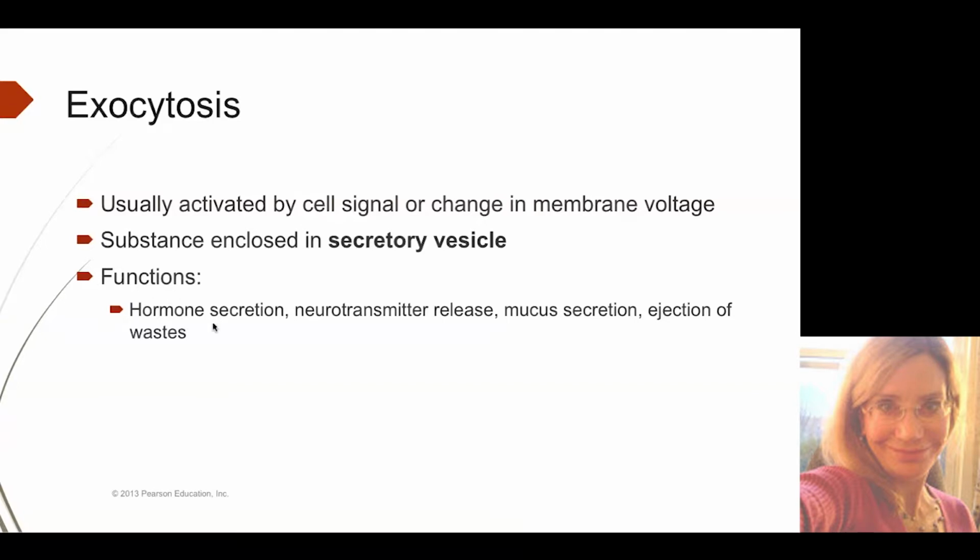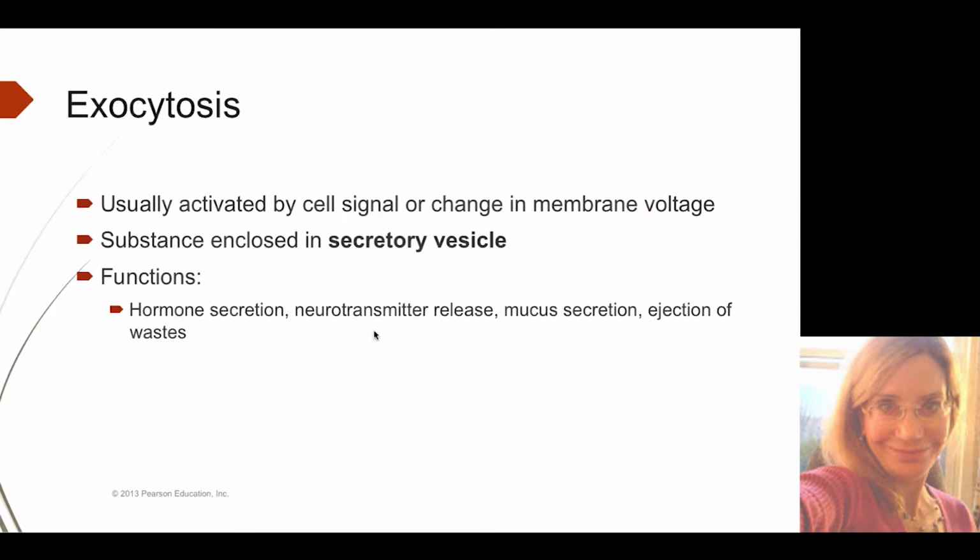So where do we find this specifically occurs? This would be with hormone secretion. So endocrine cells will produce and then secrete the hormone using the secretory vesicle. Neurotransmitter release as well.